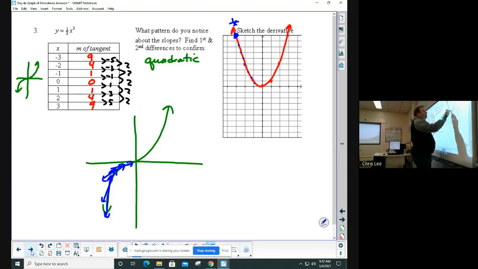These are all positive. Until we get to, boom, this spot. Now remember, the cubic is really unique. It gets to here, then flattens out for just a brief second, and then starts to go positive again. So that is the derivative.